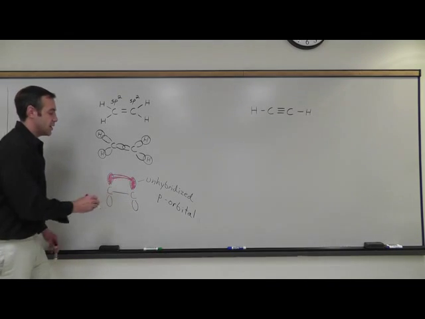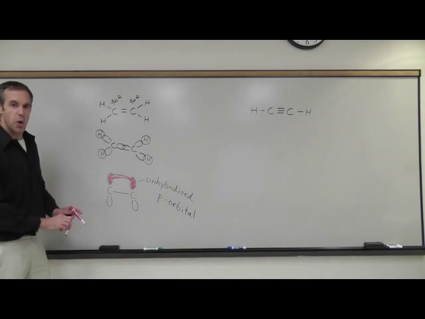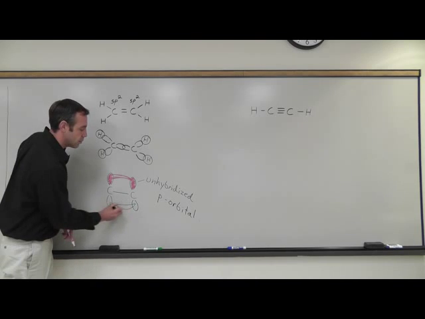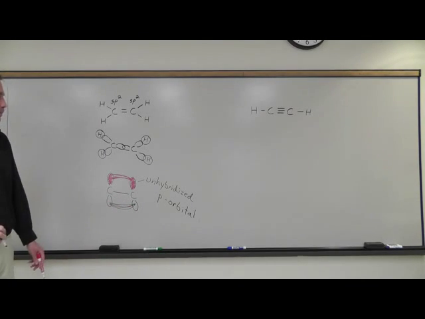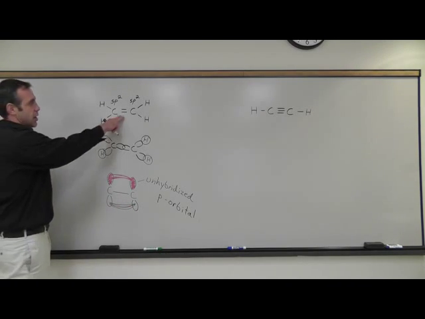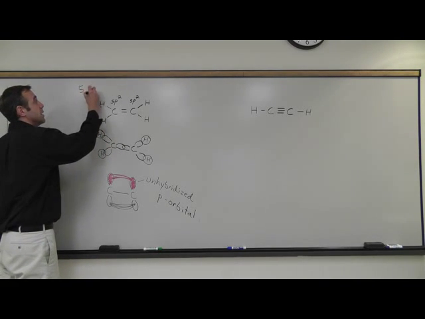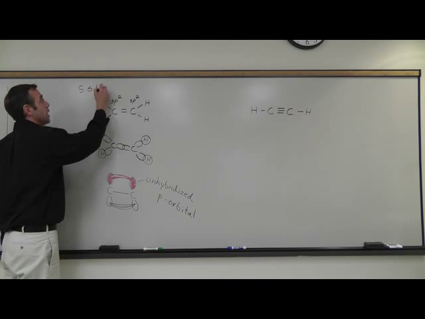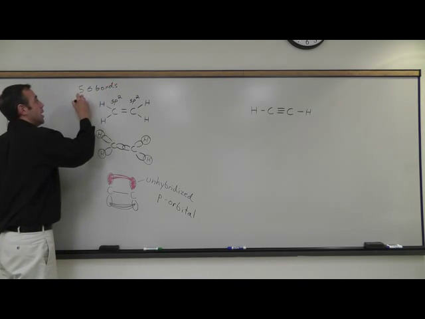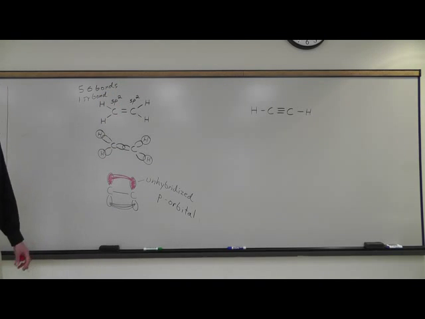And we represent that just by showing communication or overlap between the 2 lobes. And so in looking at our Lewis structure, we can say that there are 5 sigma bonds and 1 pi bond in the structure.